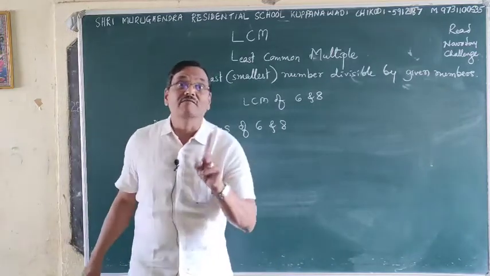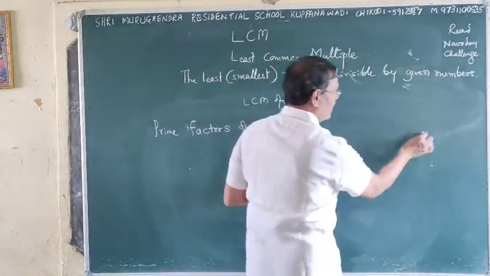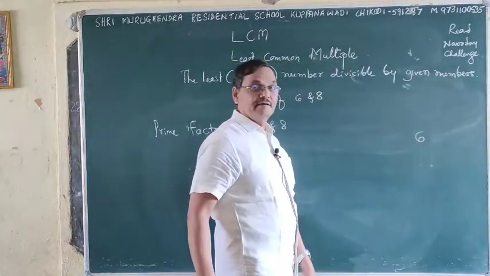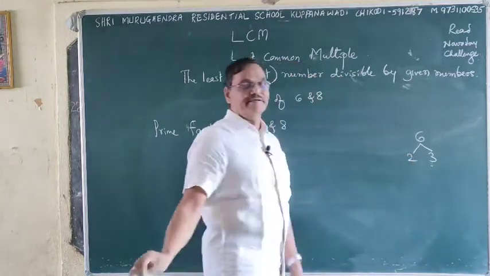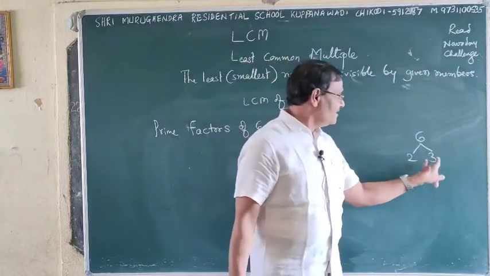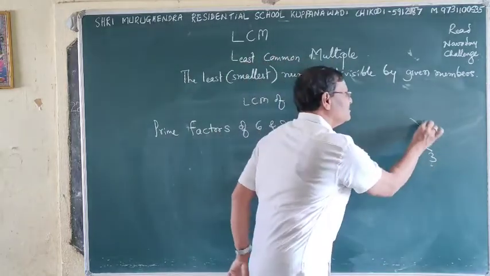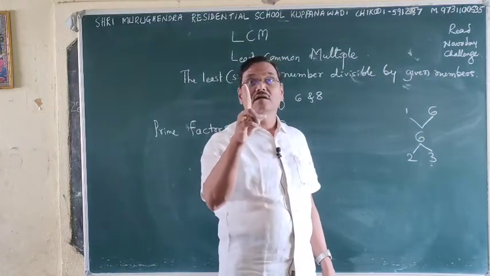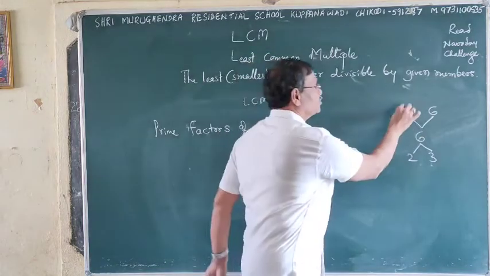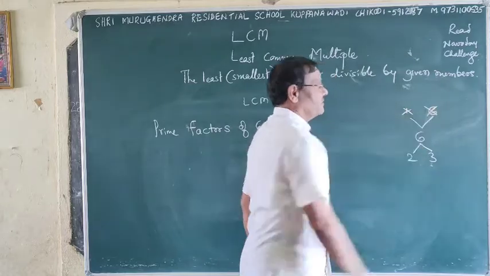Factors means divisors. See, 6 is divisible by 2 and 3. It is also divisible by 1 and 6, whereas 6 is not a prime number, so 1 is also not a prime number.